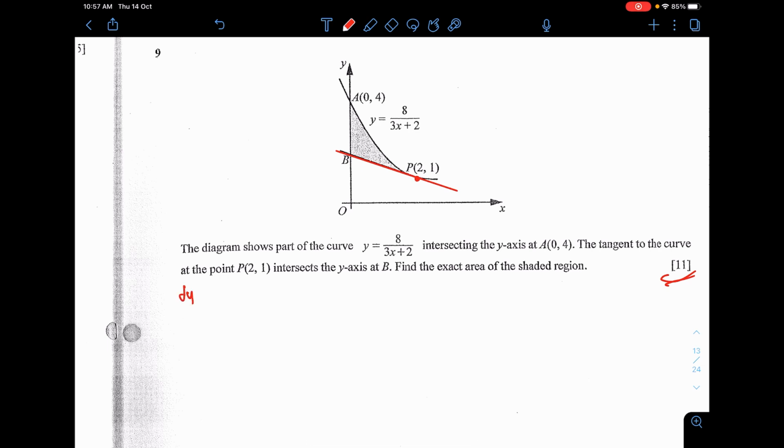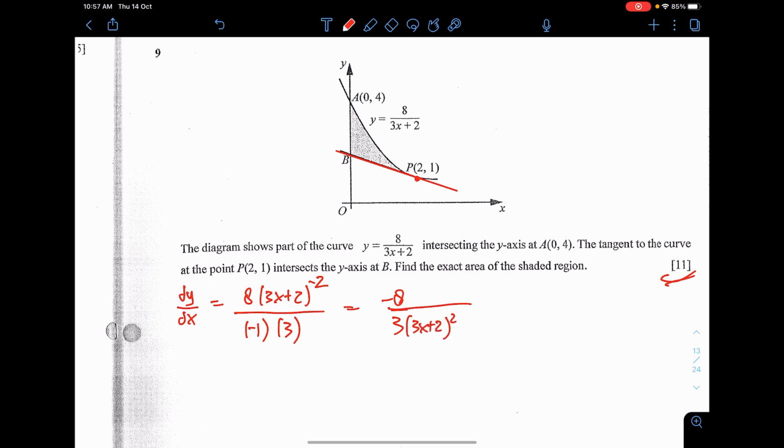So first, I'll get the dy/dx, which is 8 times (3x plus 2) power of negative 1, divided by negative 1 multiplied by 3. So then I got negative 8 over 3. Oh, sorry, this one should be 2. Then I just put down (3x plus 2) squared on the denominator.